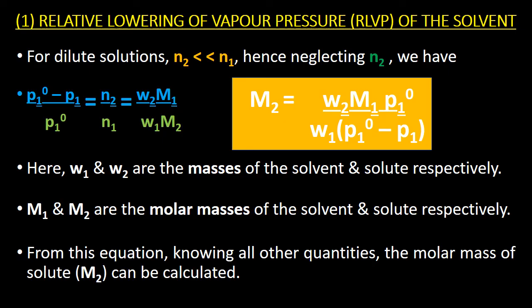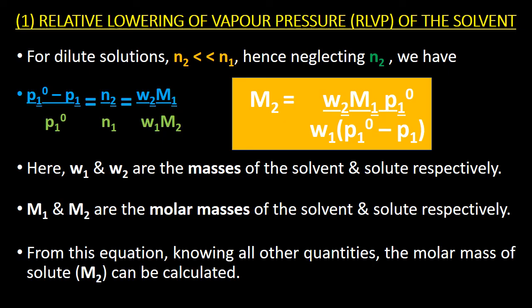equal to W2 into M1 divided by W1 into M2, where W1 is the mass of the solvent, W2 is the mass of the solute, and M1 is the molar mass of the solvent, and M2 is the molar mass of the solute.